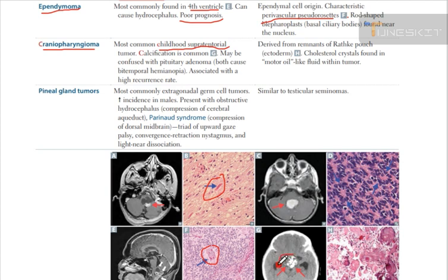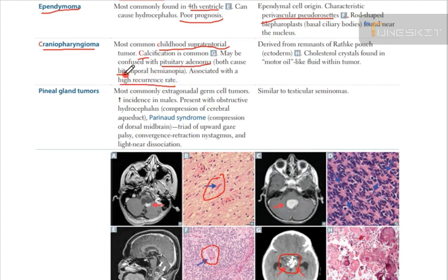You can see the calcification here. It may be confused with pituitary adenoma, as both can cause bitemporal hemianopia. It is associated with a high recurrence rate.